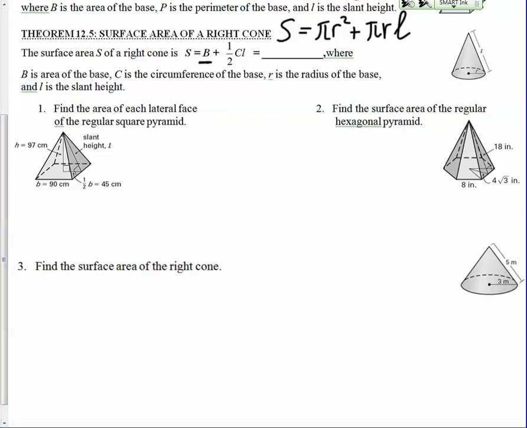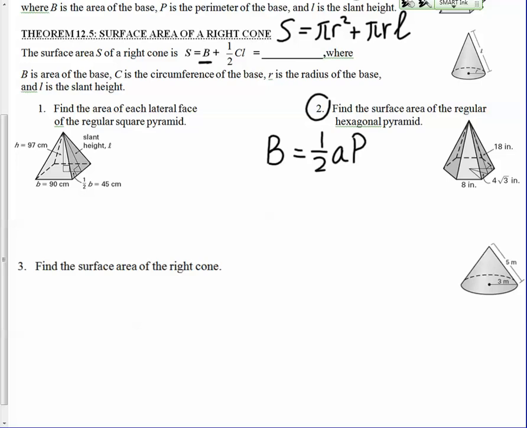Out of all examples that follow, let's do number 2 because it seems to be a bit complicated, because the hexagon is the base. So let's review how to calculate the area of the base of the hexagon. In that case, it's going to be 1/2 times apothem times the perimeter.